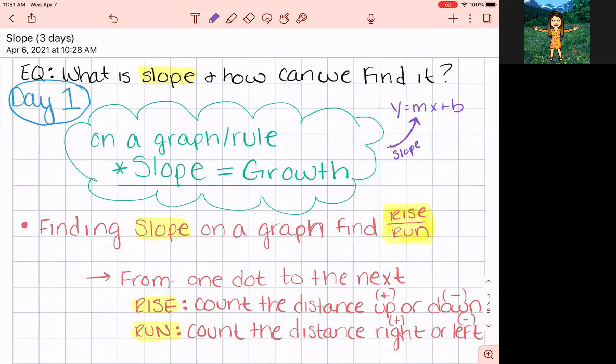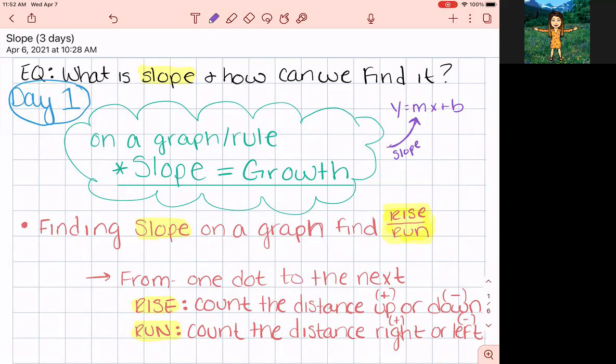So what does that mean? What it means is when we're looking at a graph, we're going to find 2 coordinate points, 2 dots. And when we look at those 2 dots on the graph, we need to find the rise. The rise is the distance between those 2 dots up and down. So the vertical distance from one dot up or down to the next dot.